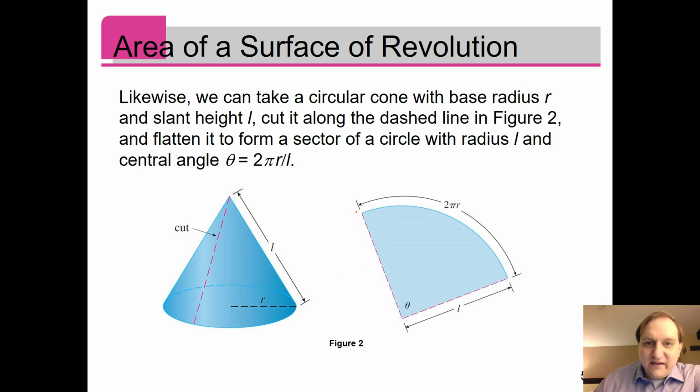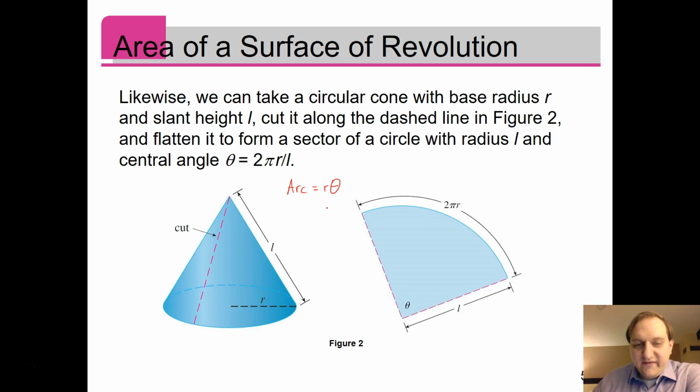Since we know the radius of the sector, and we know the arc length of the sector, we can find the angle theta, because there's a formula for the arc length of a circle: arc length equals r theta, where theta is in radians.